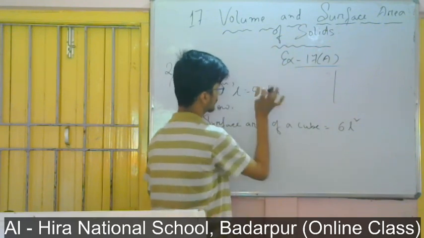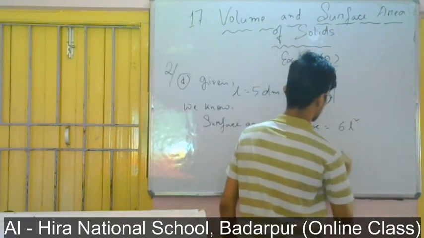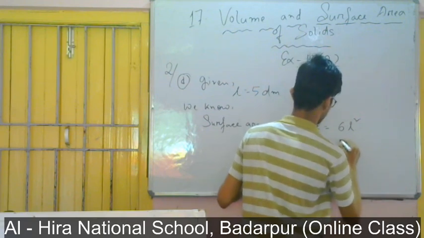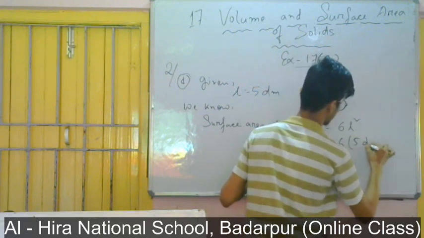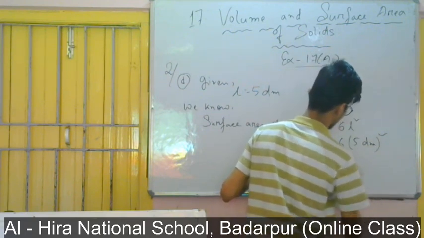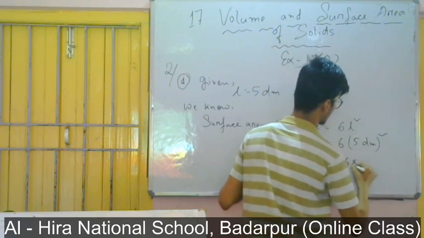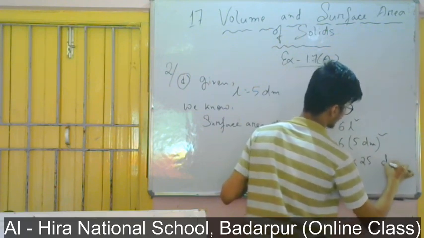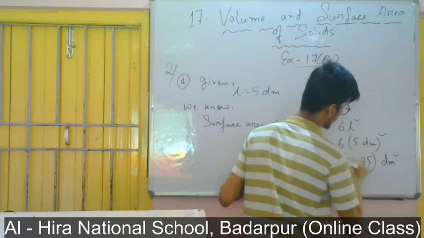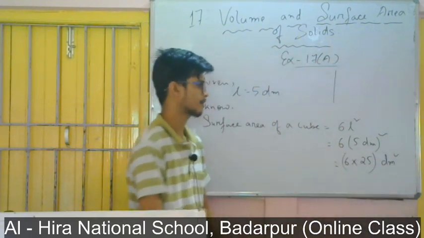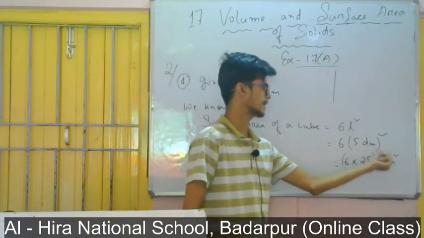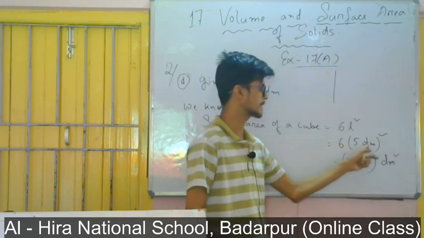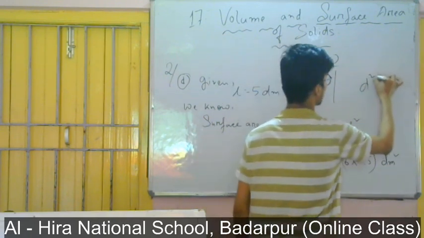So same, everything will be same. You write 6 into 5 dm square. 6 into 5 5s are 25, and the unit will be dm square, not d square m square. It is a unit, directly dm square will be. Don't give d square m square, don't give it like this.